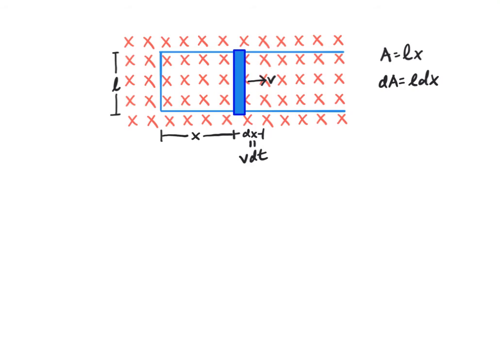At any given moment, the flux through our little circuit is just B times A, and the induced EMF is the time derivative of that. If we plug in dA from above, we end up with the induced EMF equal to BLv, where v is the speed at which the rod is moving at any given time.